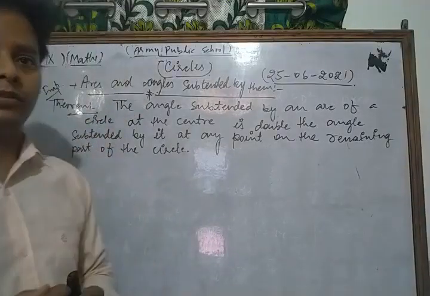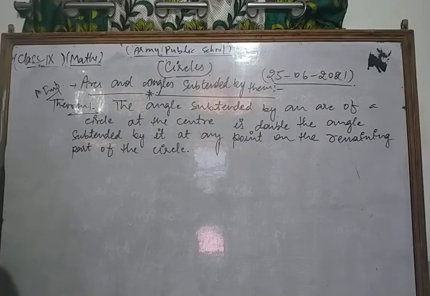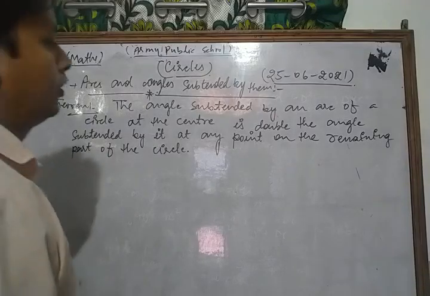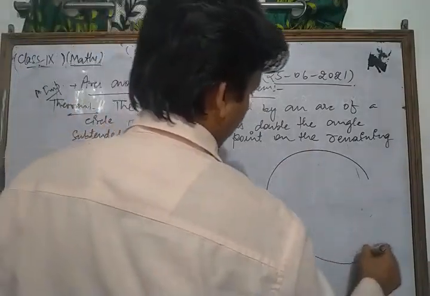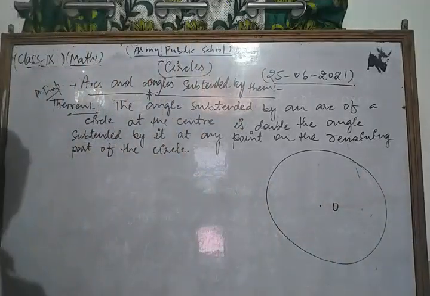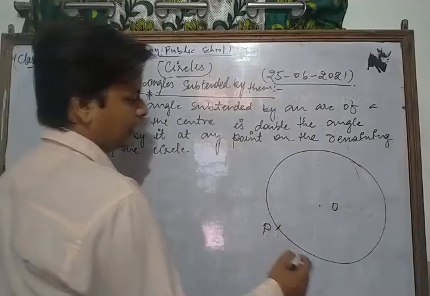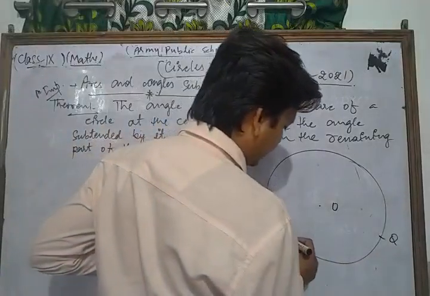Related to that chapter. Okay, so now look, first of all we draw a circle, in which let us take O as the center. Now we take P and Q as two points on the circle, then this is your arc, which is the minor arc.